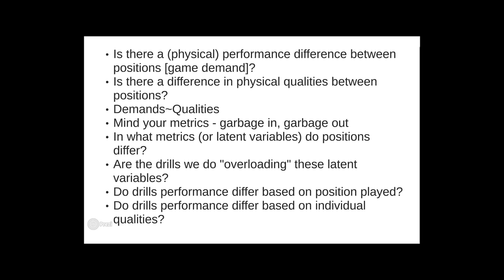So let's say, do central backs demand more high velocity, or the fullback or central defender, they are performing less when it comes to velocity, but performing more short sprints, a lot more accelerations or decelerations. So yeah, exactly. We are trying to find what physical quality they differ in, in terms of the need or expressed physical quality.